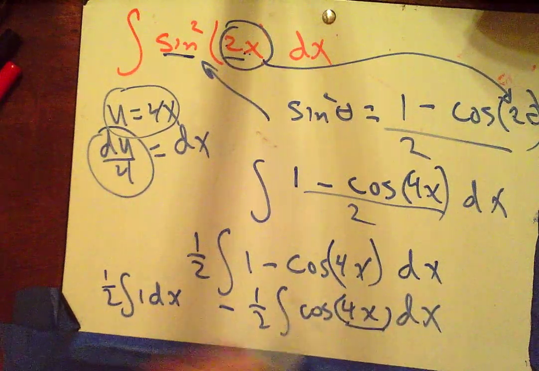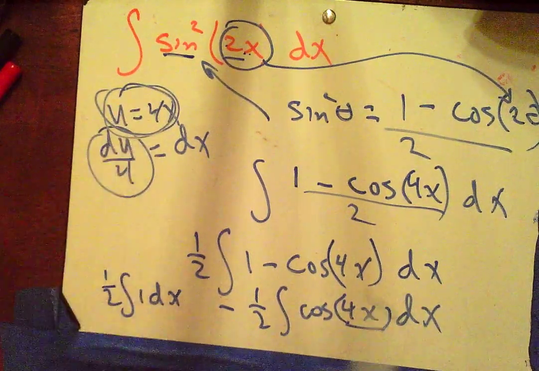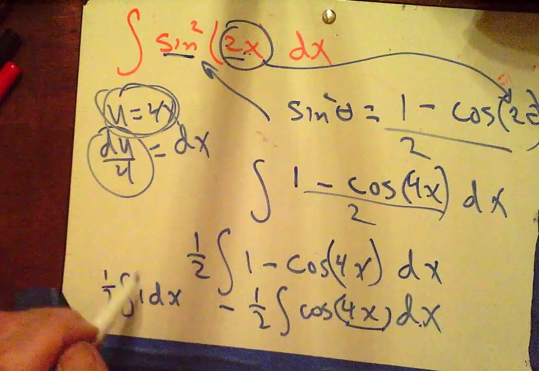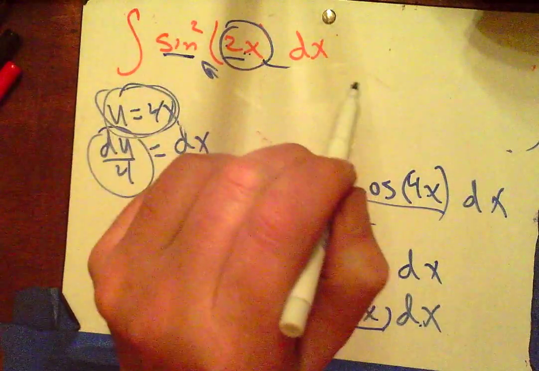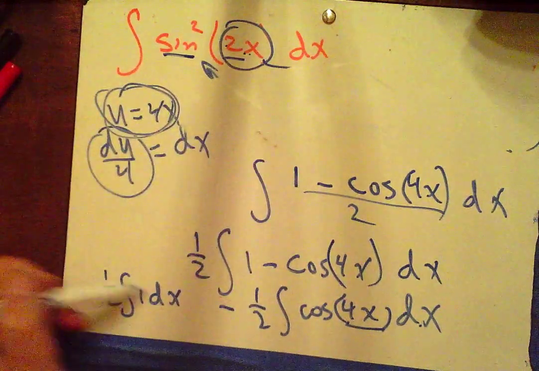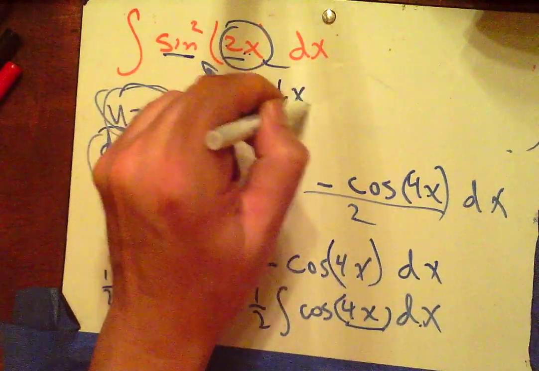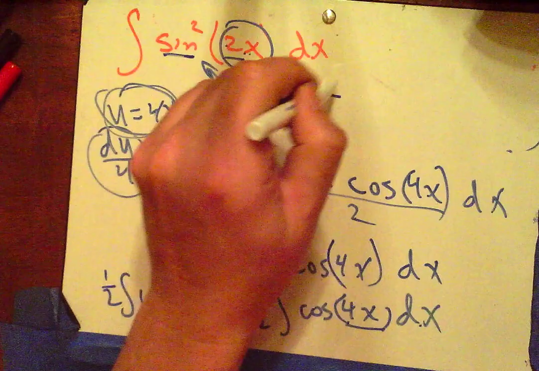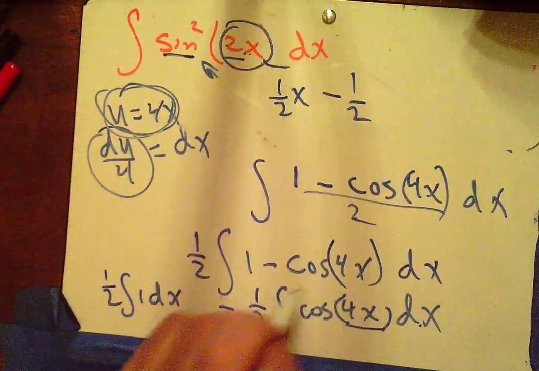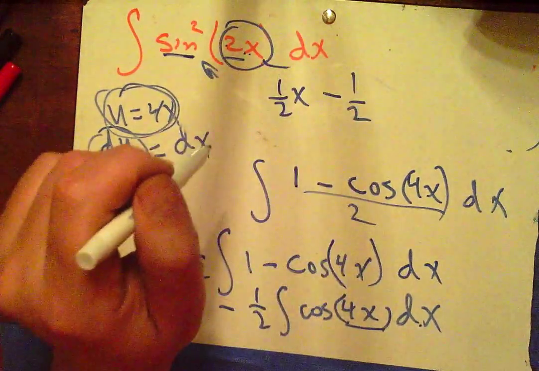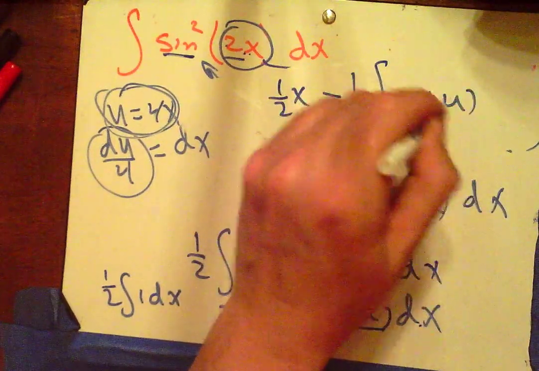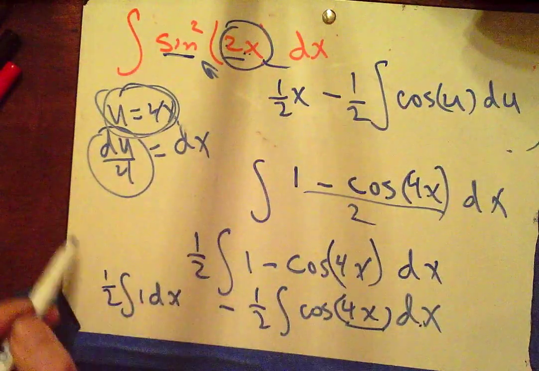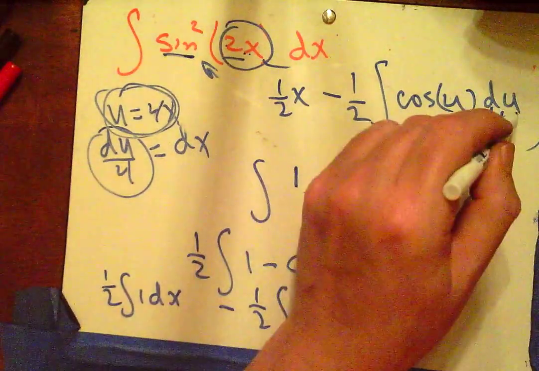And replacing this 4x with my u, and replacing dx with du over 4. So we should now have the integral here is going to be 1/2 x minus 1/2. The antiderivative of cosine, well, I guess you wanted me to write it as a u first, didn't you? Cosine u du over 4.